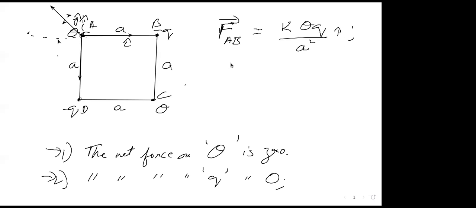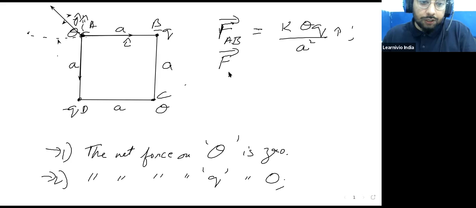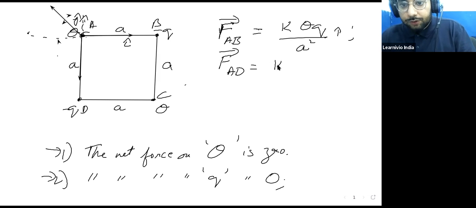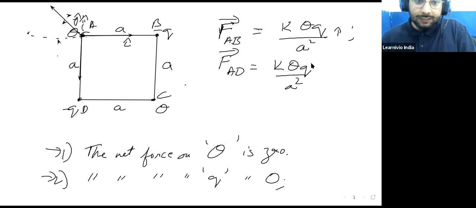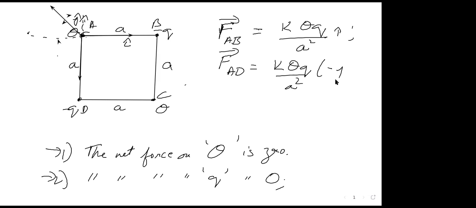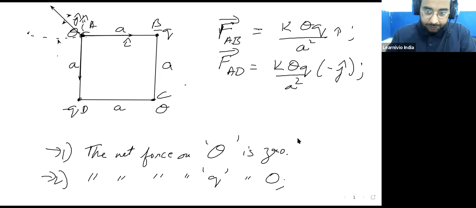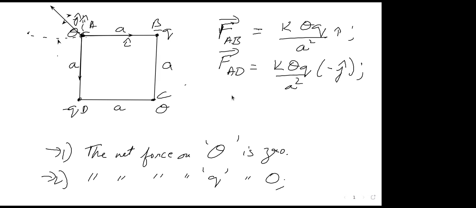Now, because of D, the force is going to be very similar: KQq over A squared, the same exact magnitude, but what direction is it acting in? It's acting in minus j cap, because it's downwards.